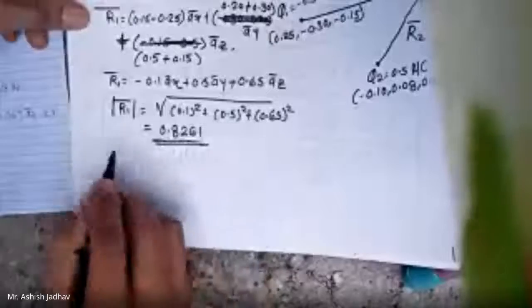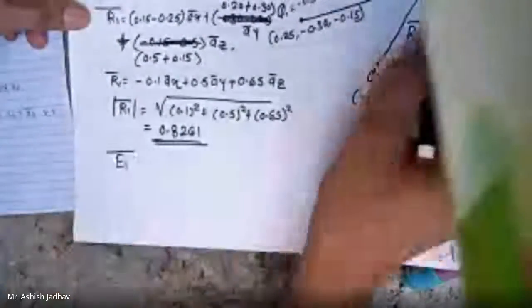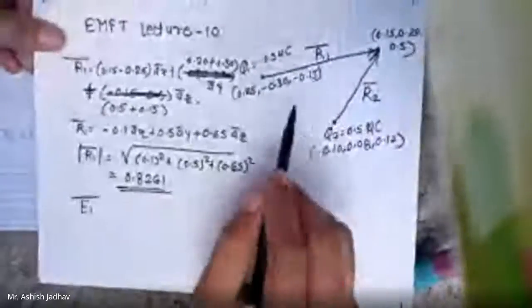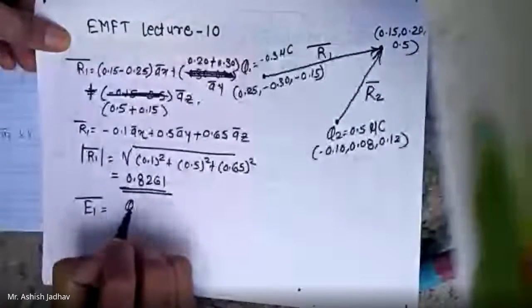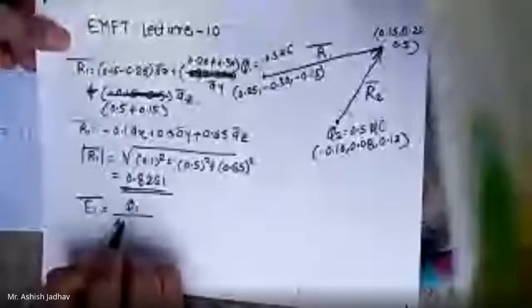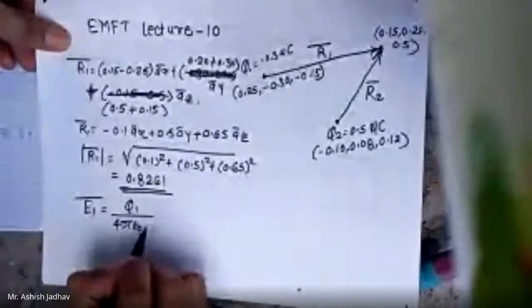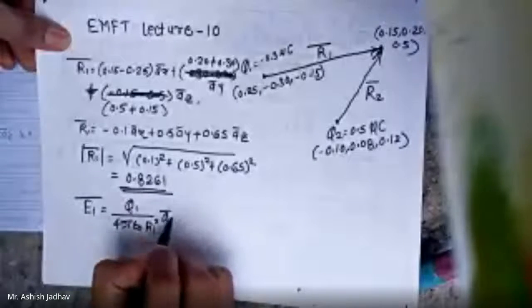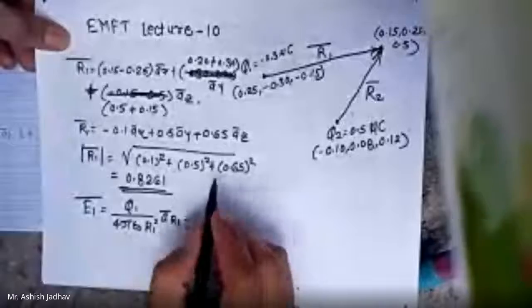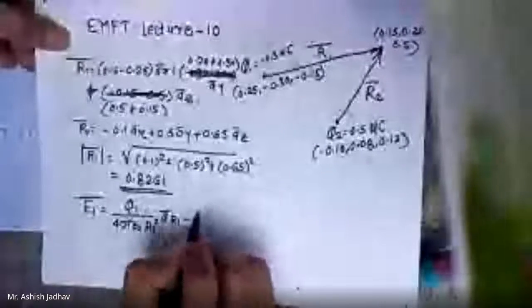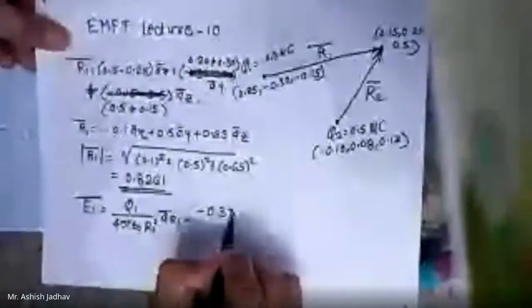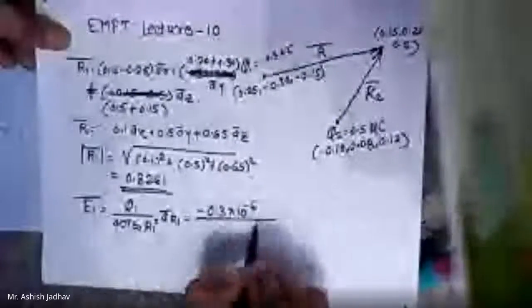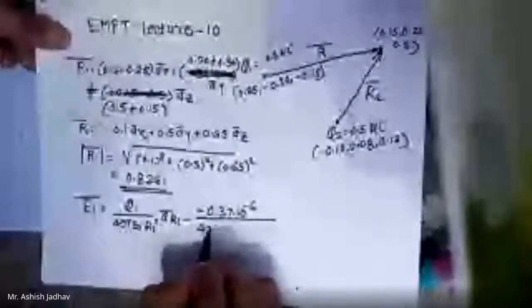So what is the unit vector? This vector divided by the magnitude is the unit vector. From this you can find the electric field intensity at the given point because of Q1, which is equal to Q1 upon 4 pi epsilon naught R1 square, times a bar R1. What is the value of Q1? Q1 is minus 0.3 into 10 raised to minus 6, divided by 4 pi.